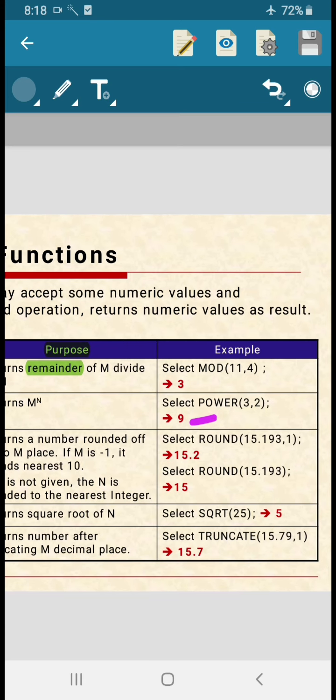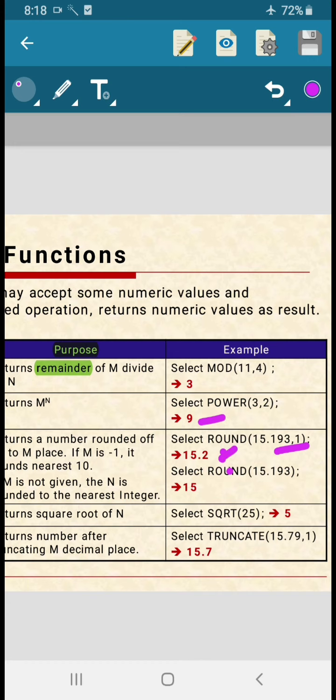So here we have 15.193, and the decimal part is .193. Comma 1 means it is rounded towards 1 decimal point. That's why we are getting 15.2. The rounded digit is 9, and the nearest rounded value is 2. So that's what we are getting, 15.2.